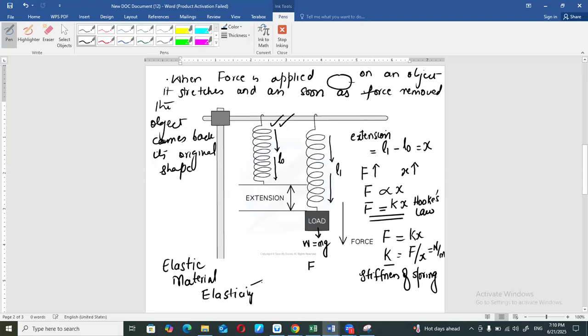That is what we call elastic behavior, or elasticity as well.